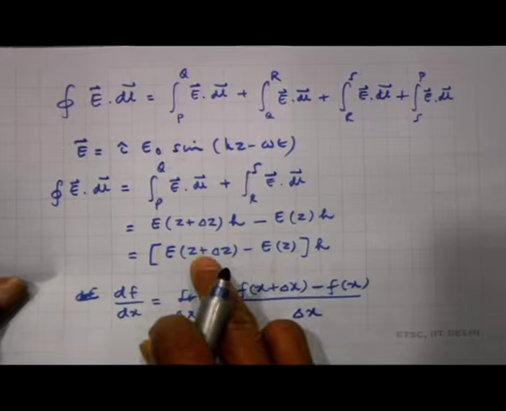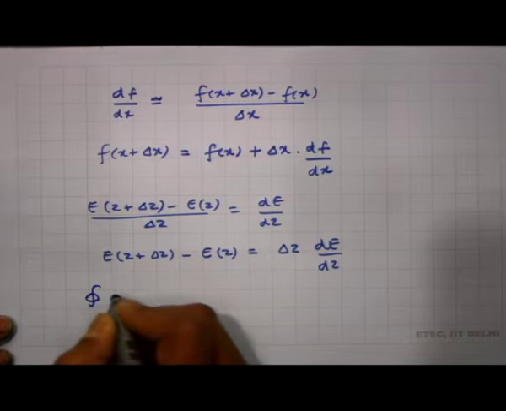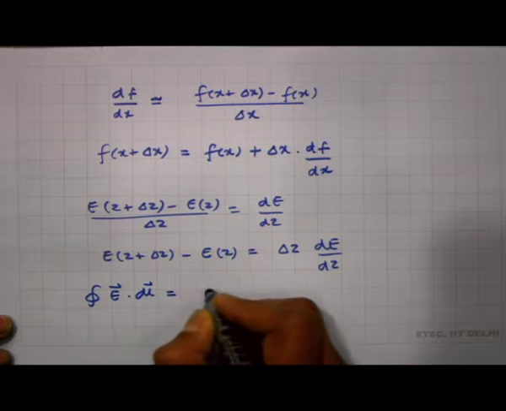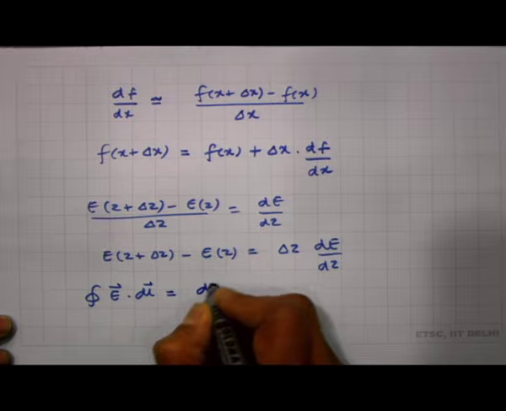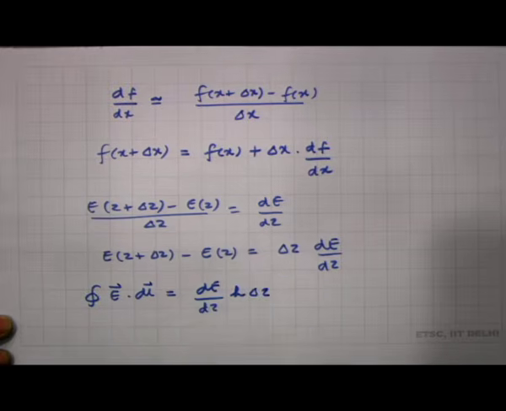So, I get the following equation, integral E dot dl is equal to dE by dz into h delta z.